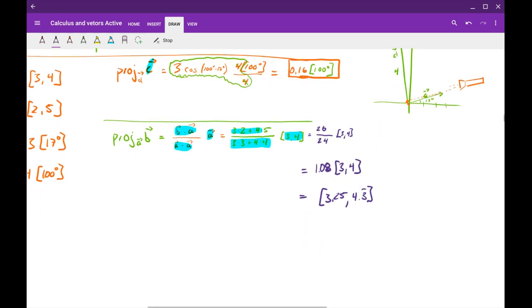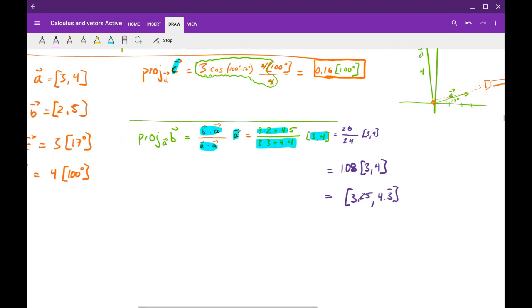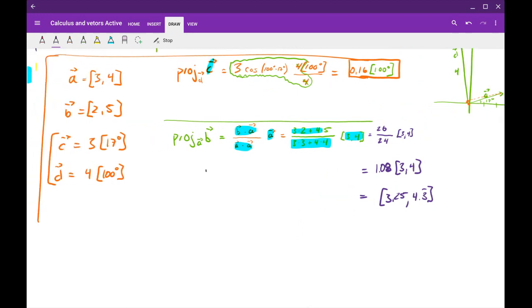Let's go ahead and draw the geometric interpretation of that. All right, so first of all, let's draw out those two vectors, A and B. I'll put them on a coordinate plane here. We got 1, 2, 1, 2, 3, 4, 5. This is vector A. And then vector B, this is B, actually, 2, 5. Vector A is 3, 4, which would be this.